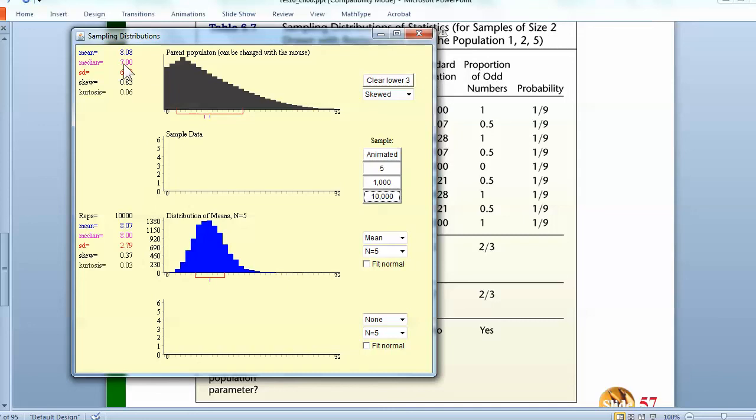The median, though, is 7 in the parent population and is 8 in this distribution of means. It's not the same.